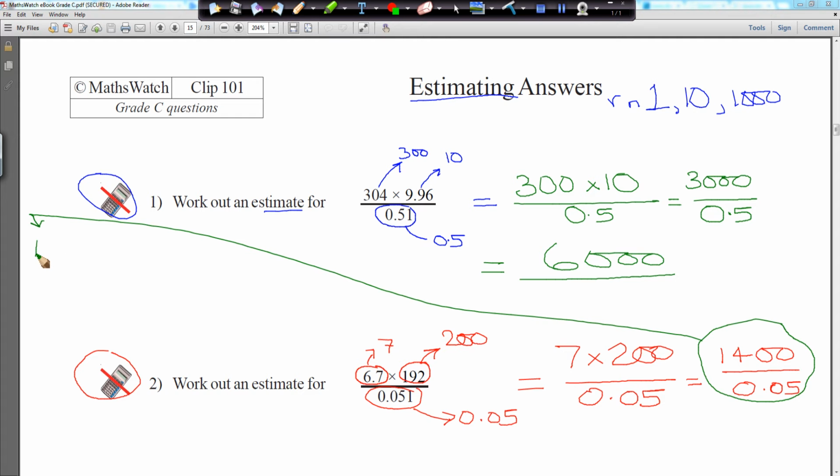So we have 1400, and then we divide that by 0.05. And 0.05, if we change that into a fraction, is the same as 5 hundredths. So we have 1400 divided by 5 hundredths.